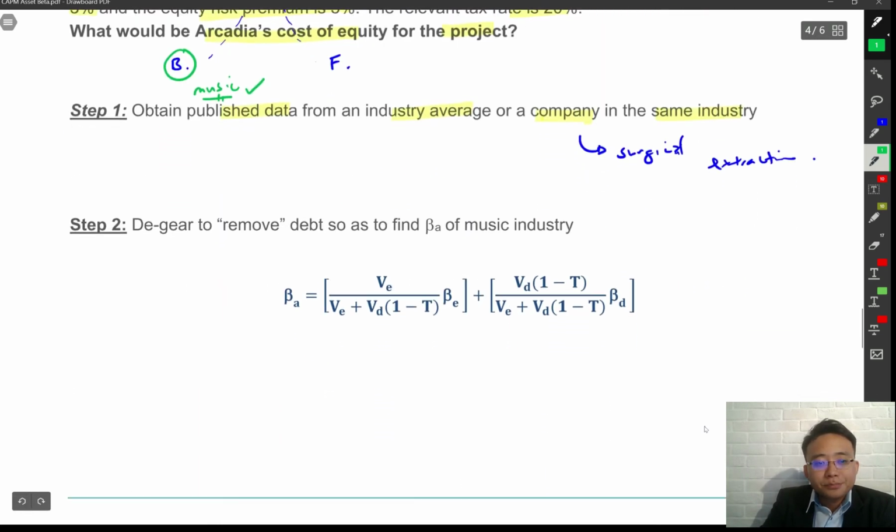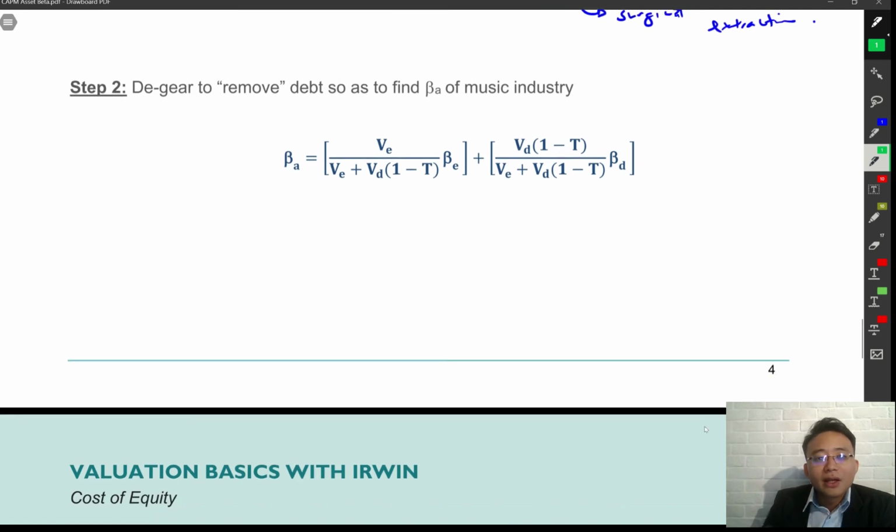First, let's find the business risk itself of the music industry. Let's extract the business risk of the music industry from Spotify. What is the business risk again? The business risk again is your beta asset or your asset beta.